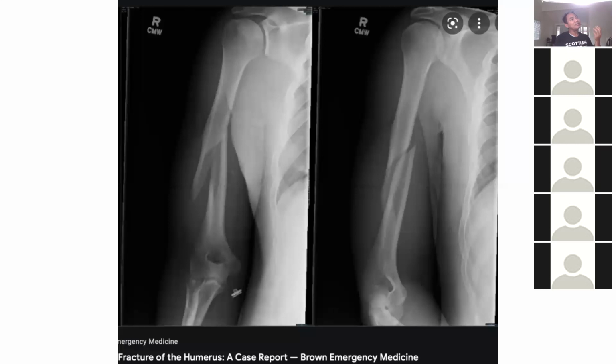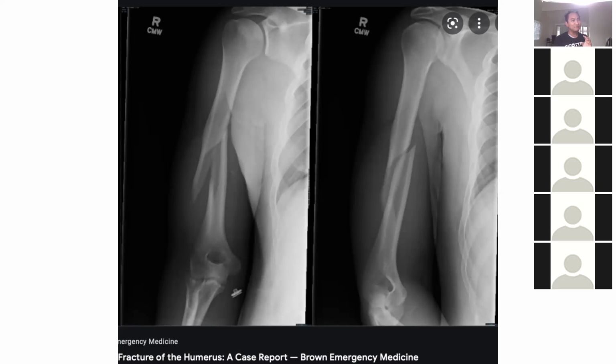This is the diaphyseal humerus fracture, a fracture of the humerus in the diaphysis region. And if the fracture is somewhere around here, distal humerus fracture, because we said a fracture here is a proximal humerus fracture. So a fracture around here will be a distal humerus fracture. And this is the diaphysis. Diaphysis means the shaft of the long bone.